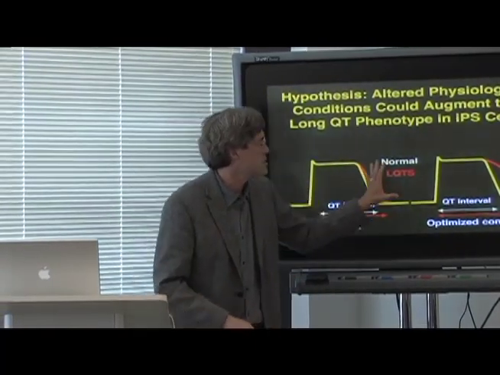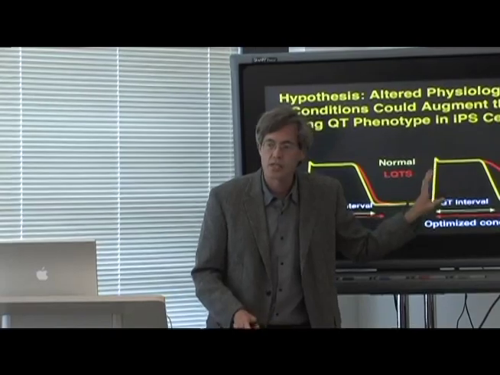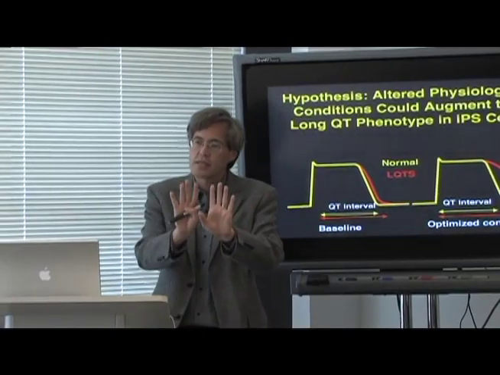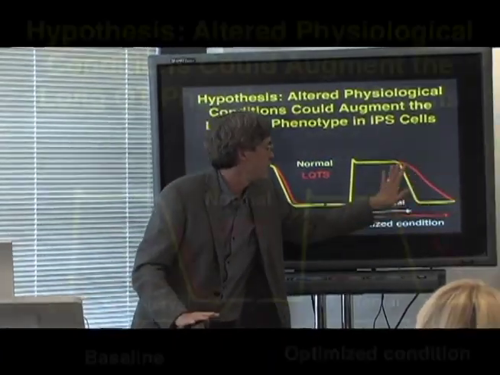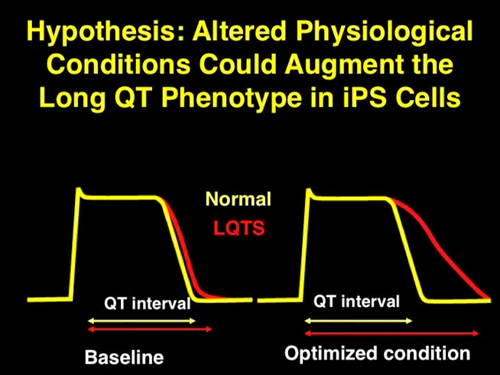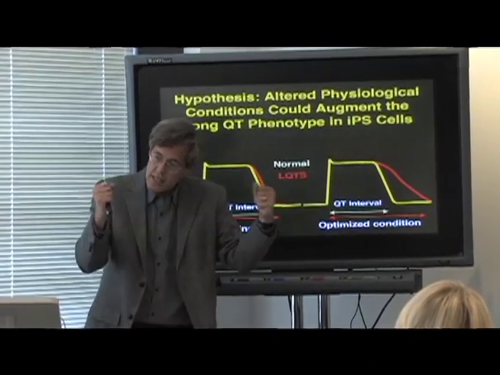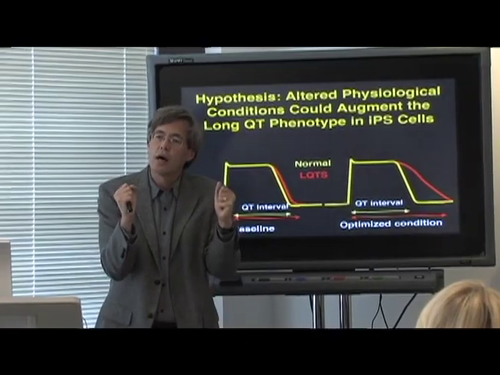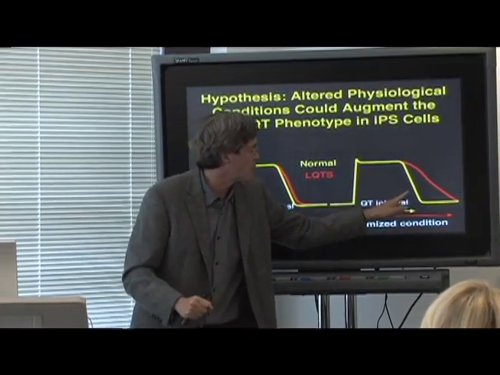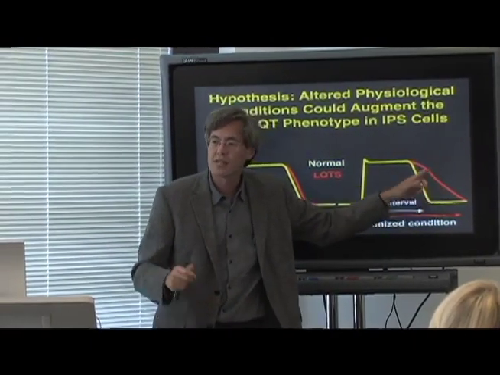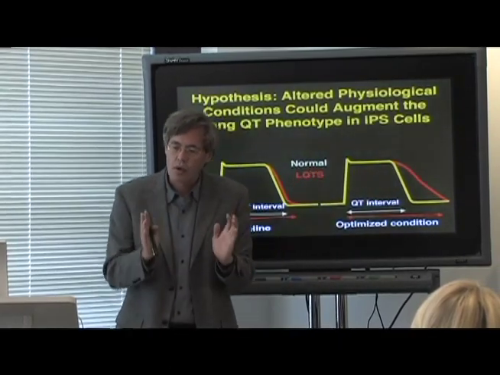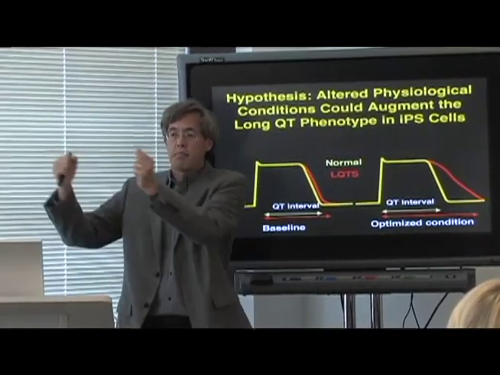And the trick now is going to be to optimize the conditions, to identify the conditions where we can tell the difference between the individual that has long QT syndrome and their normal counterpart. We can do lots of different tests to bring these conditions out. The only reason that we would know that this is really important or valid is that we'd have the patients.